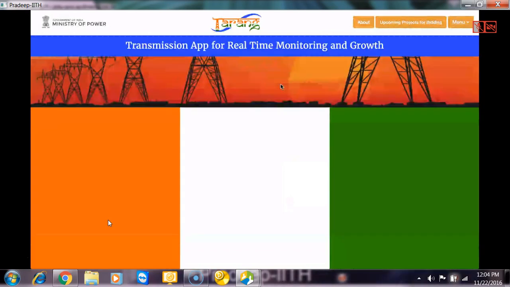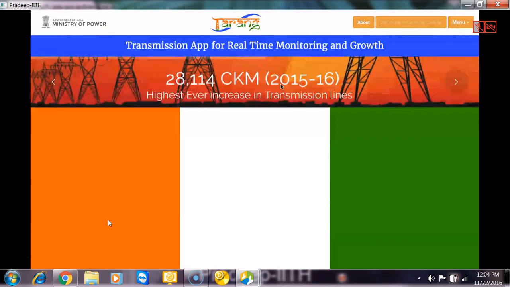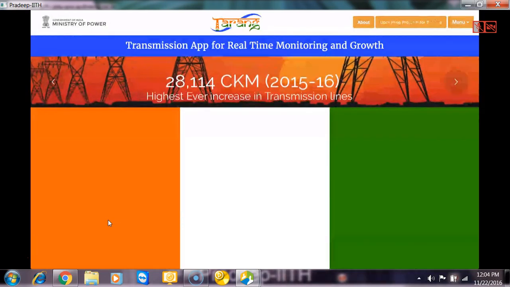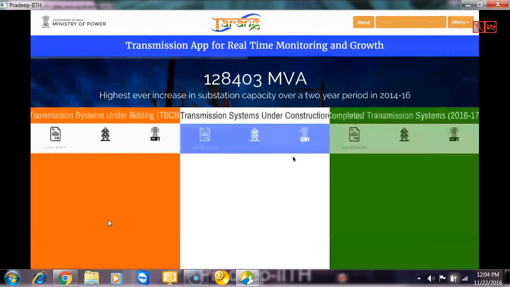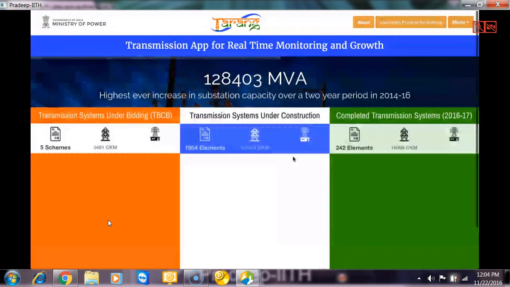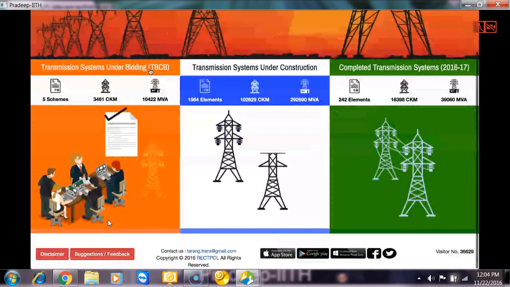This Tarang website is a transmission app for real-time monitoring and growth. How the transmission network is expanding in the country, that information you can find from this. If you look at this screen, there is transmission system under bidding, transmission system under construction, and completed transmission system.